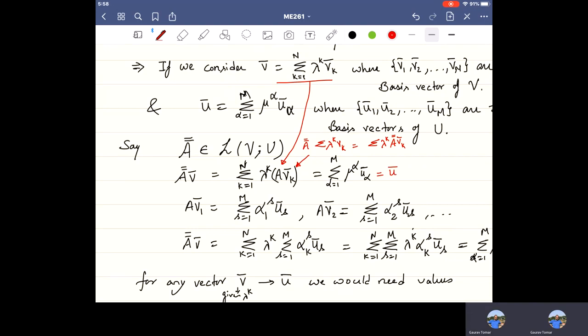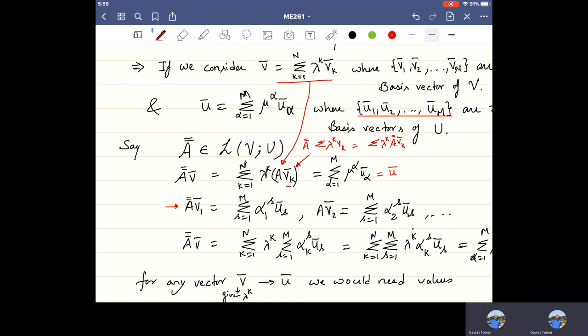Now let's define these special mappings. Take each of the basis vectors that we have chosen. How do they map with respect to the mapping A? AV1 would be some U prime, which can be written as a linear combination of the basis vectors U1 to Um.